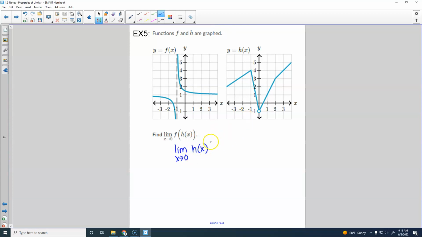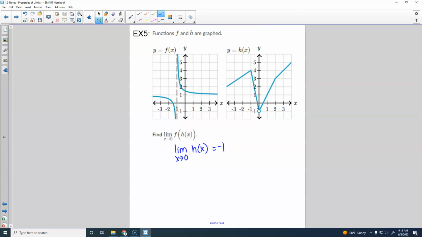All right. So if I look at my h of x graph, what is my limit as x approaches 0? -1. Now, here's where we really have to think about what direction those values are coming from. These two lines that approach this point right here, do they come from above, below, or both? Above. They're both coming from above, right?